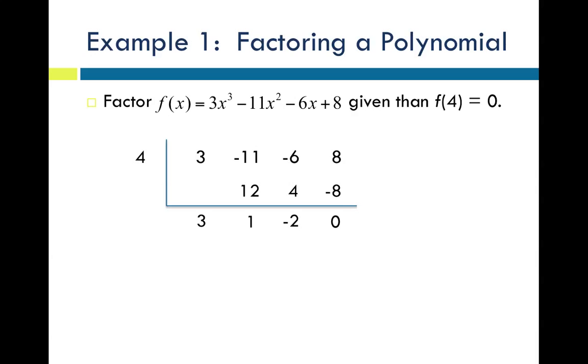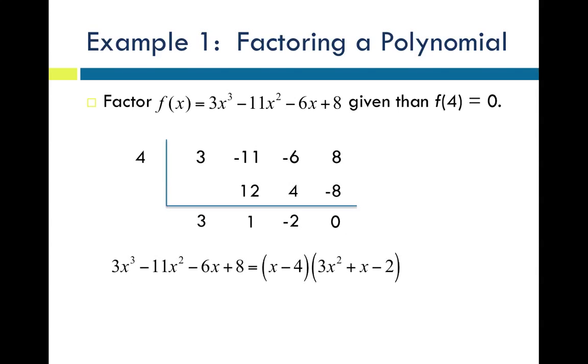If we're dividing things out using synthetic division or long division, doesn't matter, but we get a remainder of 0, then that means the divisor that we were using in the first place actually is a factor of the polynomial we started with.